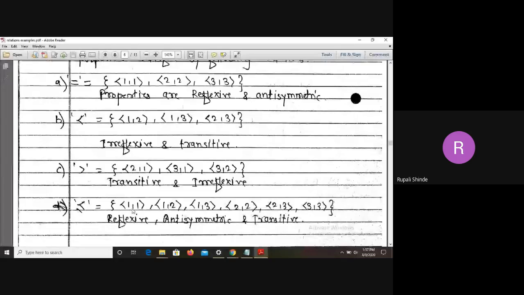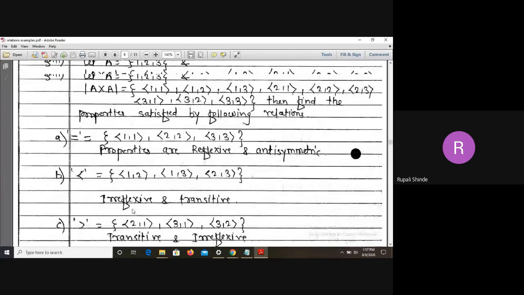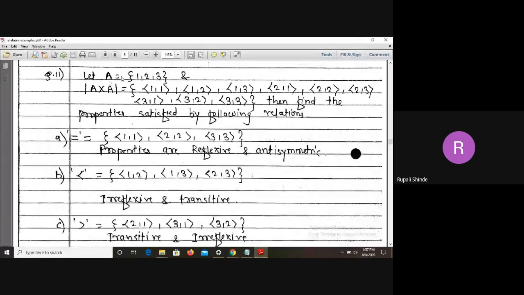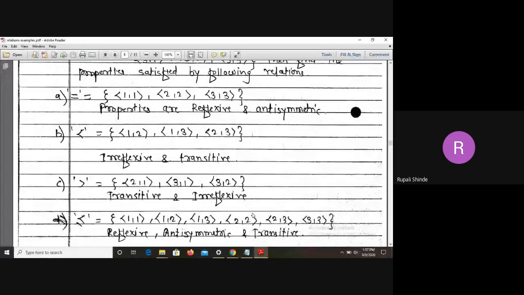Now check whether this one is reflexive. We have defined this relation on set A, which contains three elements 1, 2, 3. So in order to satisfy the reflexive property, the relation must include 1 comma 1, 2 comma 2 and 3 comma 3. And all these ordered pairs are here.